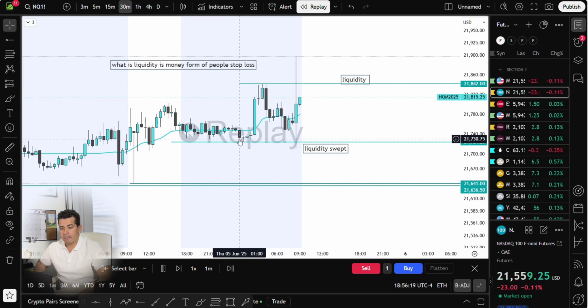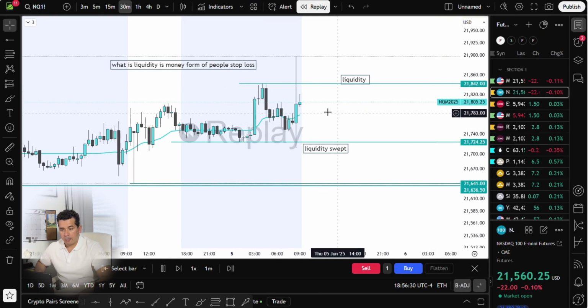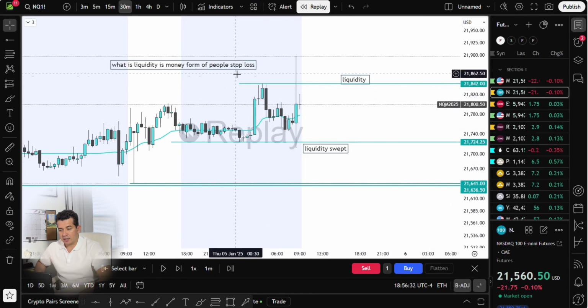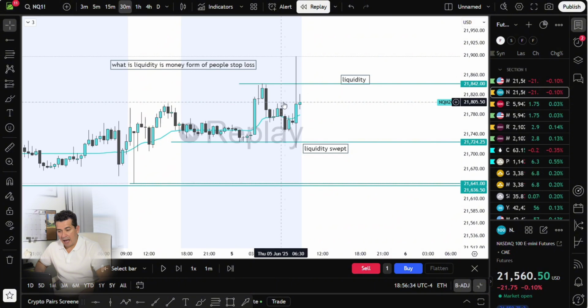All right, so where would be the probability here? After taking this opportunity, the price... I don't like to trade at 9:30. There's a lot of volatility. Volatility is just the price taking stop losses up and down, left and right.